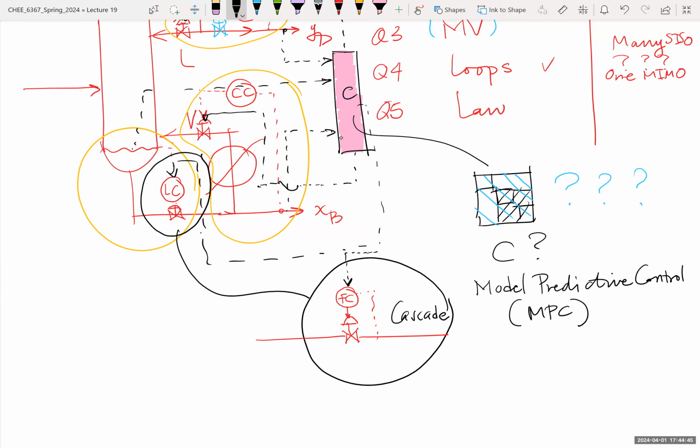It started in the refining and chemicals industry in the late 70s, because those are slow processes. Now computers are so fast, you can do it for very fast processes also, for anti-lock brakes, for jet plane control, for engine control, for all kinds of things. Model predictive control is a very successful strategy that can deliver very high performance control with multiple objectives. More about that as we go along.